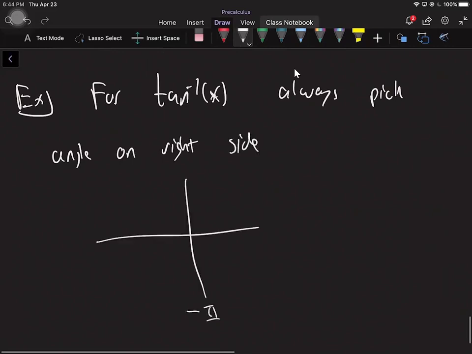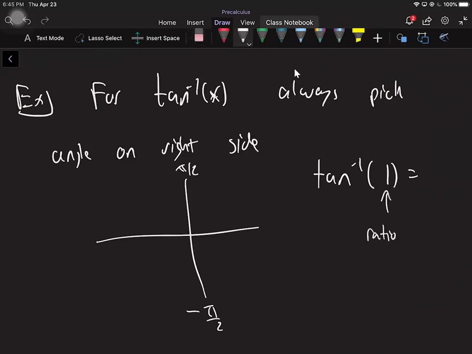So same thing as over here. If I say, what angle gives you tangent to be 1, that one's kind of harder because now this is really a ratio, so it's harder to imagine. What angle makes tangent be 1?